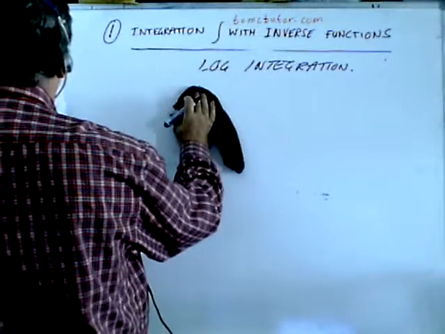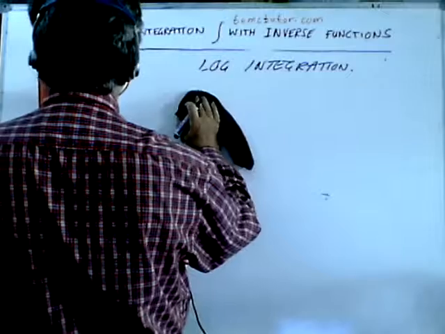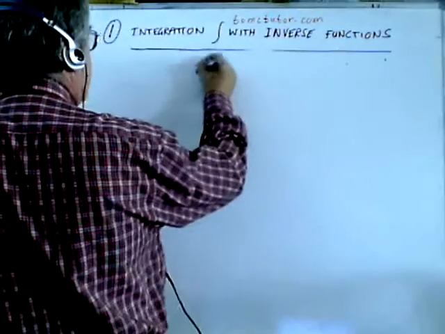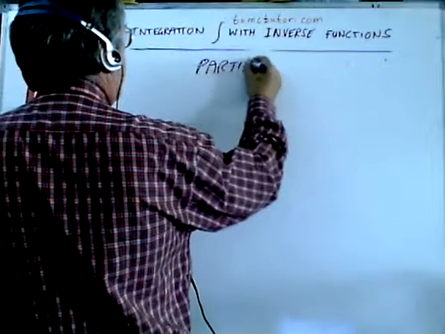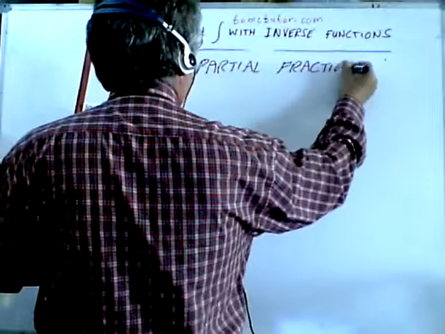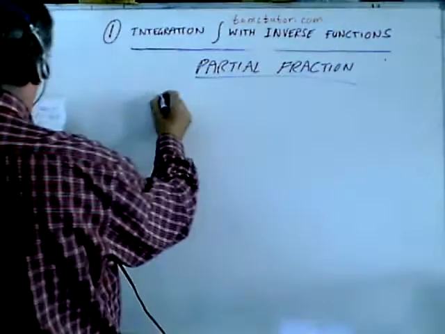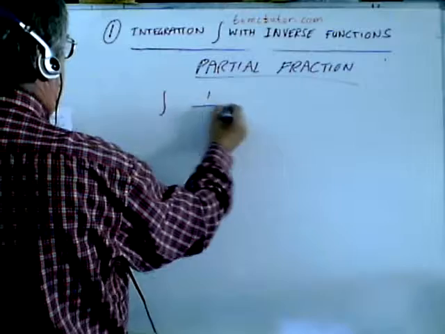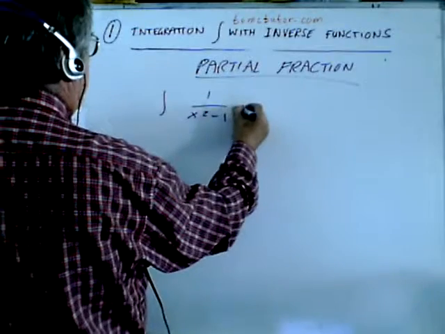Another method is, where am I? Yeah, partial fractions. I won't dwell on this, because you know how to do partial fractions. So basically you have something like the integral of 1 over x squared minus 1 dx.